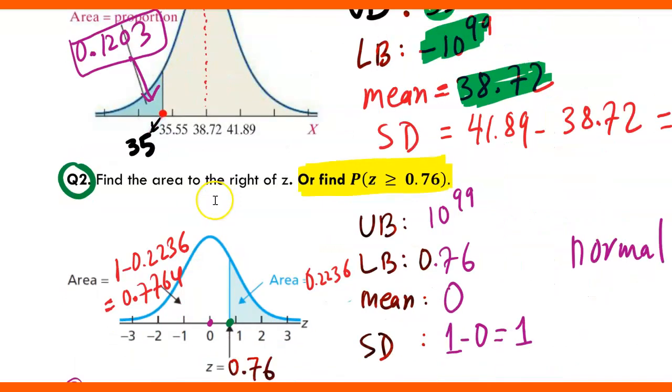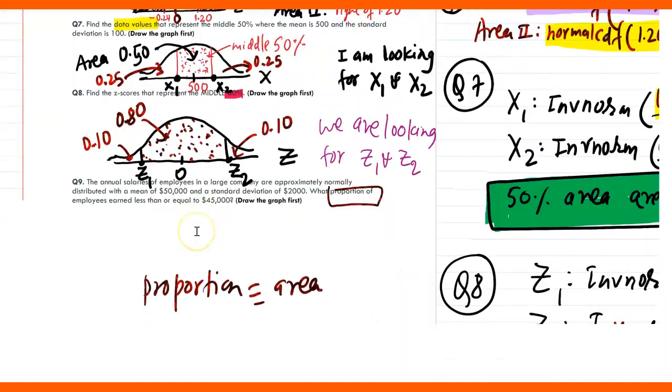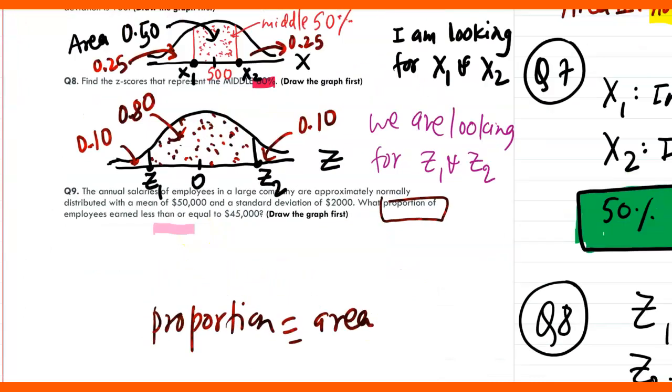Therefore, in this question, what is the proportion, right? I say proportion as area here as well. Now you're looking for basically the right area or left area. That's what you're trying to figure out. If you read the question carefully, it says what is the proportion of employees who earn less than or equal to.